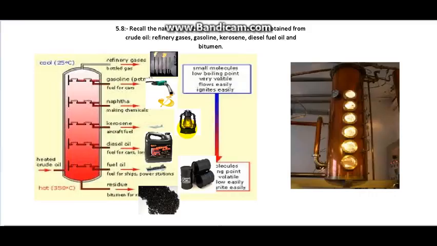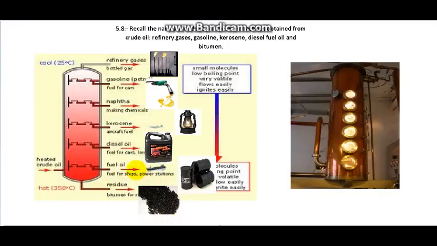These are cooled gases, only at 25 C. Those flames that you see sometimes at manufacturing sites are products of refinery gases. And at the bottom, which is the hottest, 350 C, is residue, or bitumen.